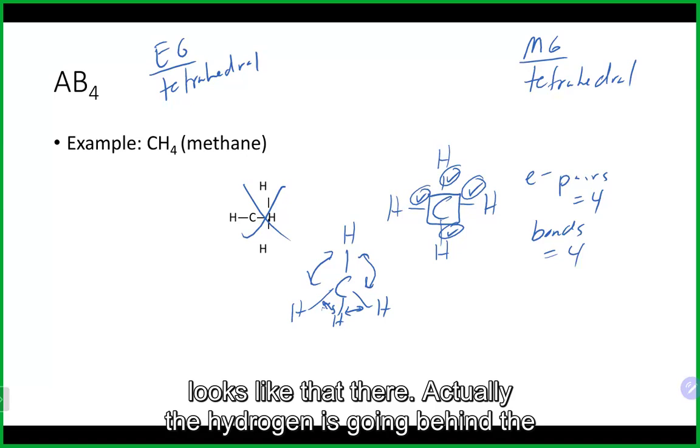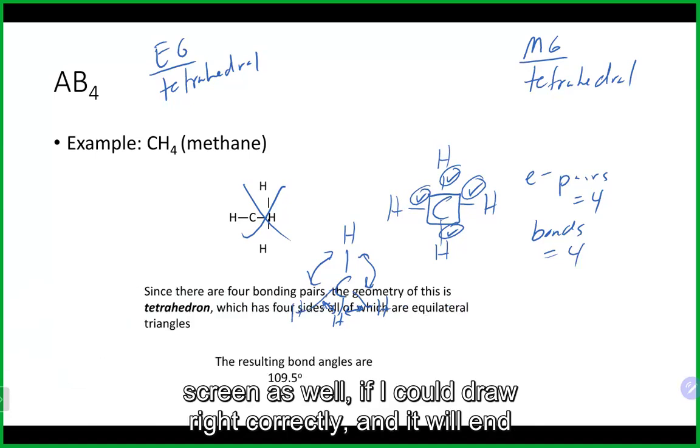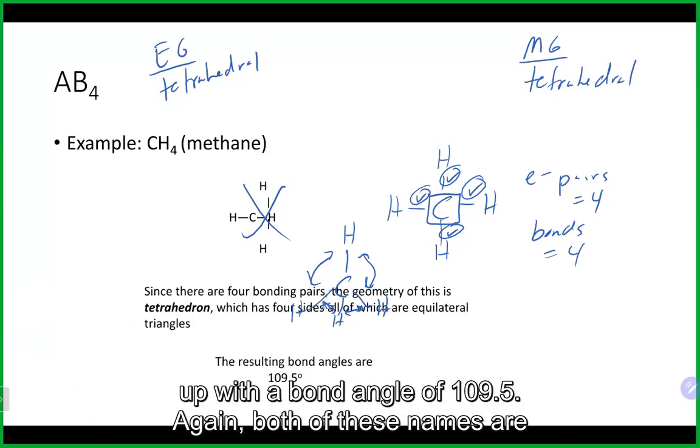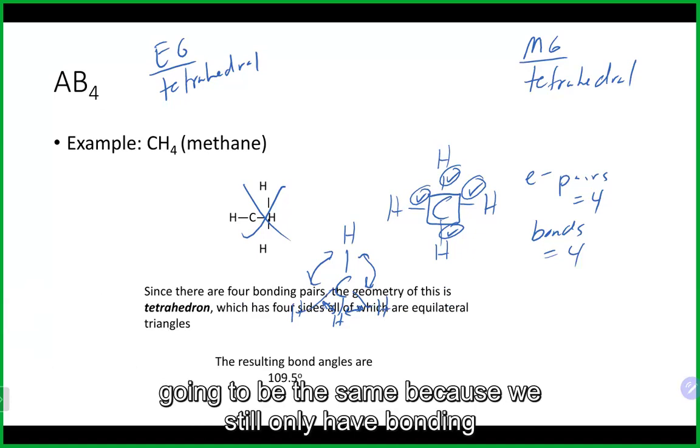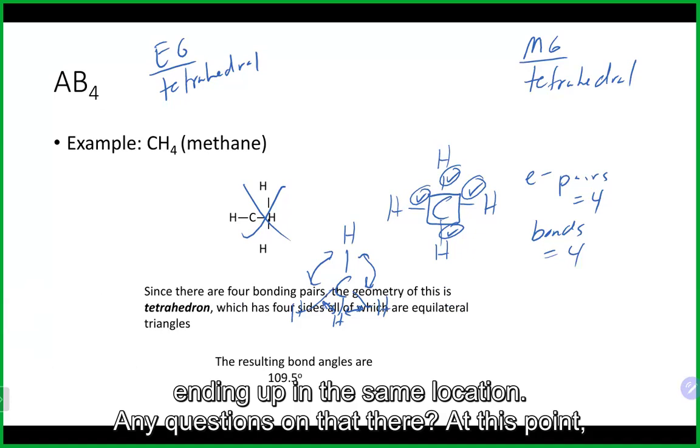Actually, the hydrogen is going behind the screen as well, if I could draw it correctly. And it will end up with a bond angle of 109.5. Again, both of these names are going to be the same because we still only have bonding electrons involved. So as they move, so do the atoms, again ending up in the same location. Any questions on that there?